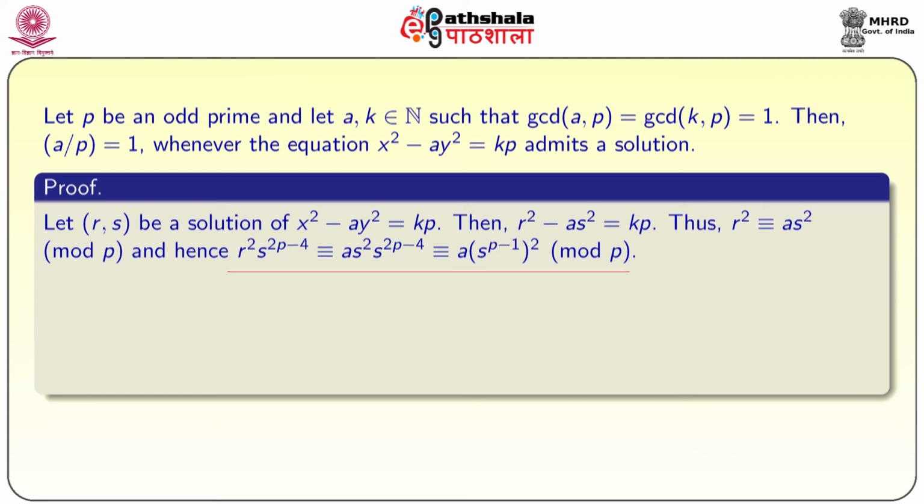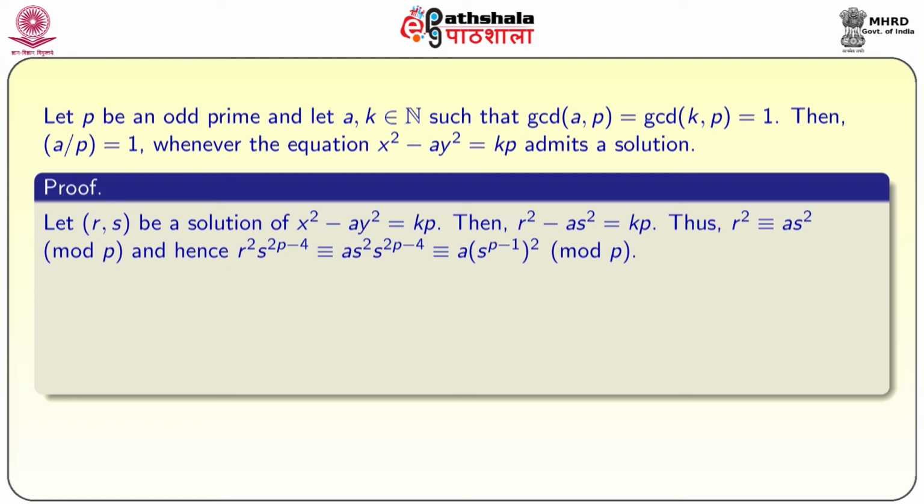Hence, r square into s power 2p minus 4 is congruent to a into s square into s power 2p minus 4. That means we just multiplied both sides by s power 2p minus 4, which is equal to a times s power p minus 1 whole square modulo p.